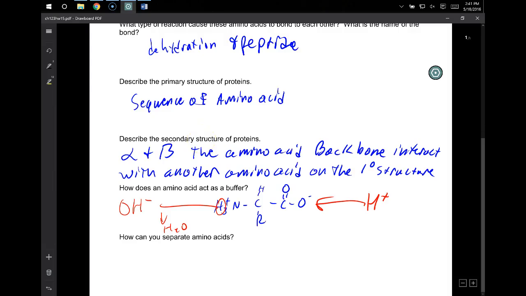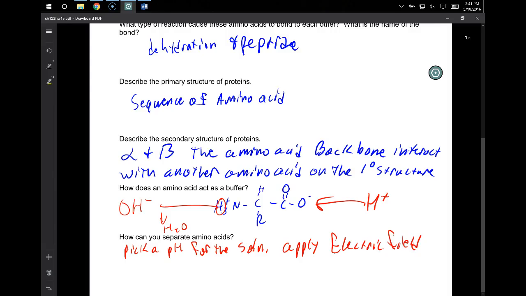What is it that we did to manage to separate out the amino acids? Yeah, okay. So pick a pH for the solution. I apply an electric field.